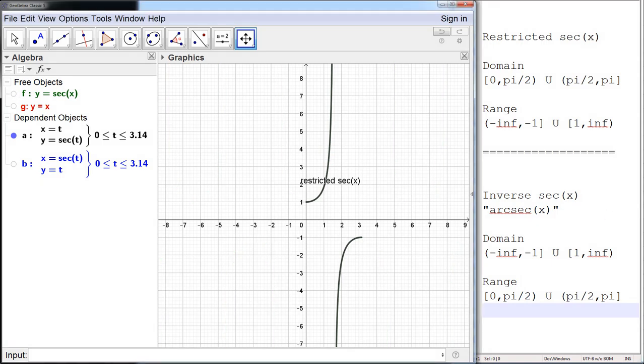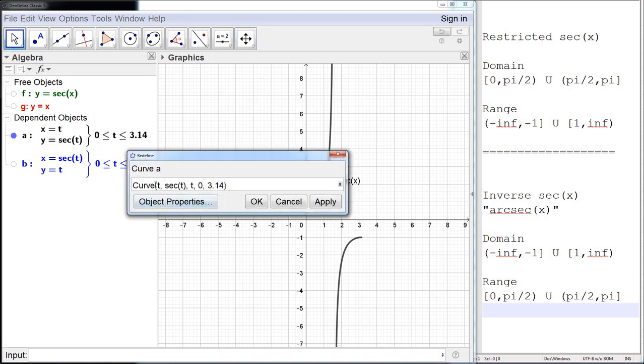It's maybe worth pointing out here, you might wonder, hey Travis, how did you get Geogebra to draw this? You have to use a little bit of fancy Geogebra language. Essentially you use the curve function. I tell Geogebra to graph a curve, and then I tell it what the x-coordinate is going to be, and what the y-coordinate is going to be, and then the values that t is going to take.